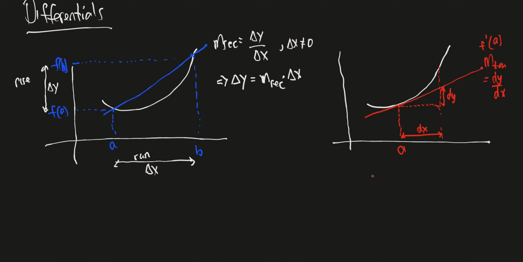I could say that the slope of the tangent line is equal to, which we know is true, dy over dx, right? And that's also my f prime at A. So again, as long as my dx is not 0, I should be able to do something similar to this, right? So therefore, dy is equal to my derivative evaluated at that point times dx.